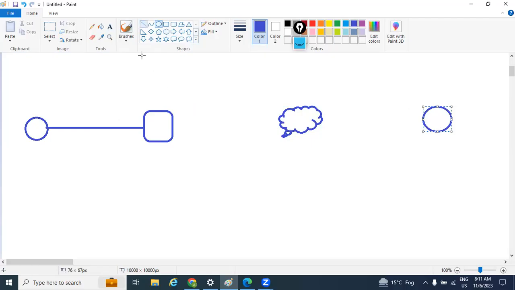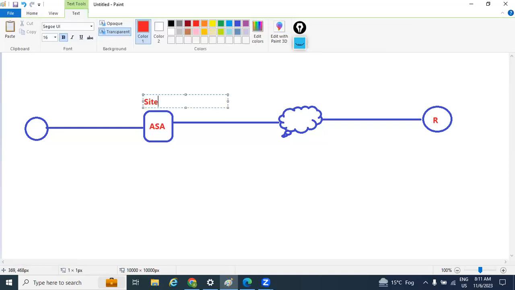So this is site A, this is site B. It could be an ASA or a router or whatever you want to use. So this is my ASA, this is a router, this is site A, and this is site B.